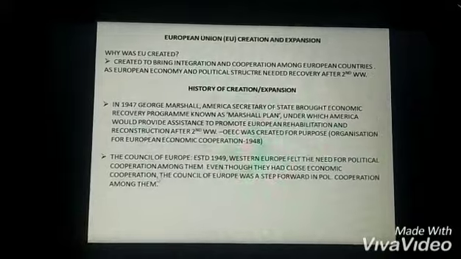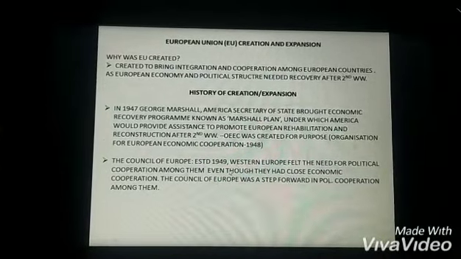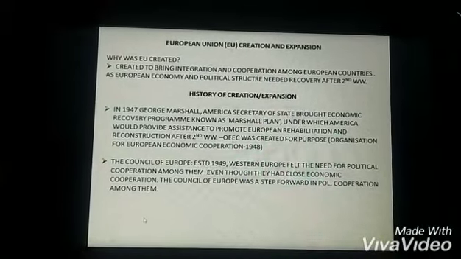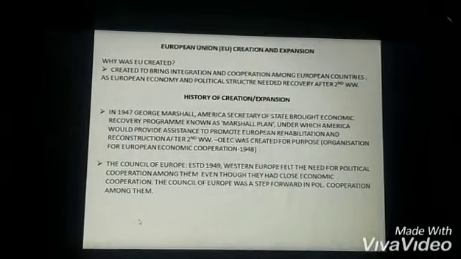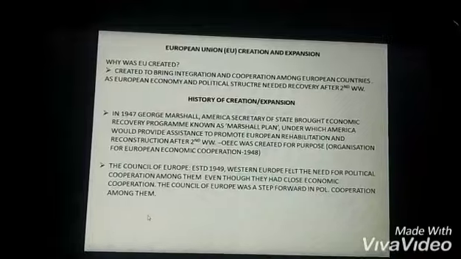Through this creation of the Council of Europe in 1949, their cooperation in the political arena came a step forward.